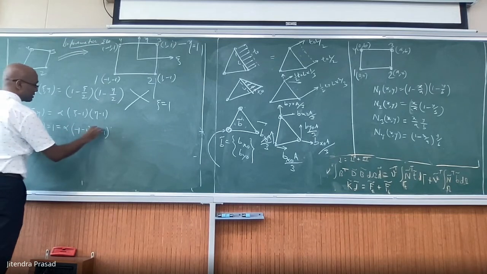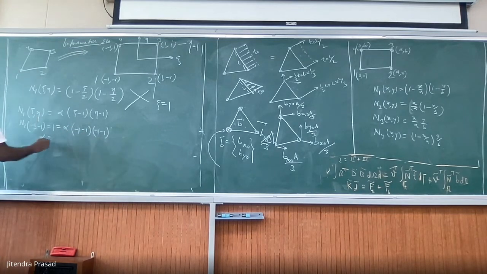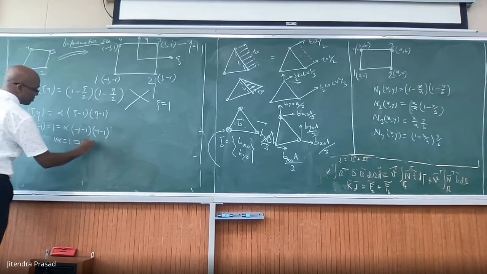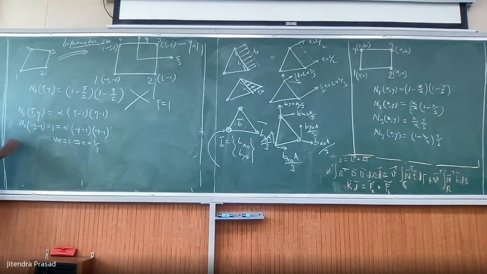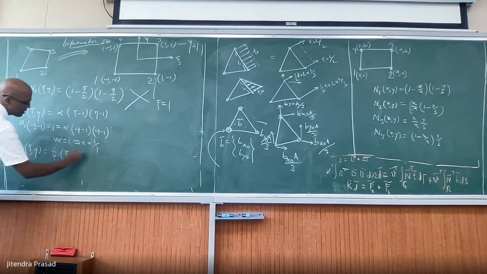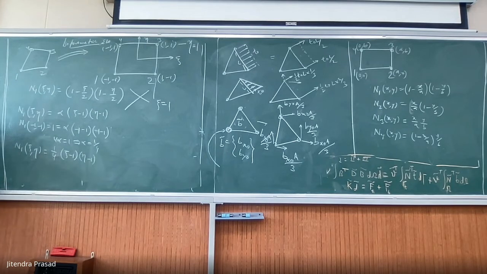Right. So we have alpha times 4, right? 4 alpha equal to 1, so alpha equal to 1 over 4. Hence, N1(xi, eta) is equal to 1 over 4 times (xi minus 1)(eta minus 1). Yeah, so please correct that, okay?